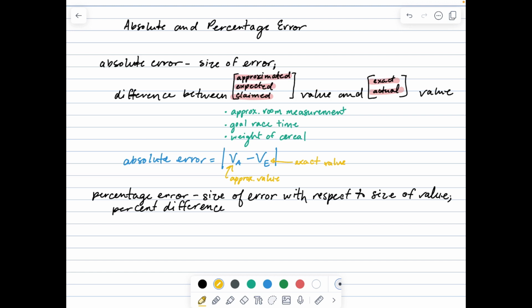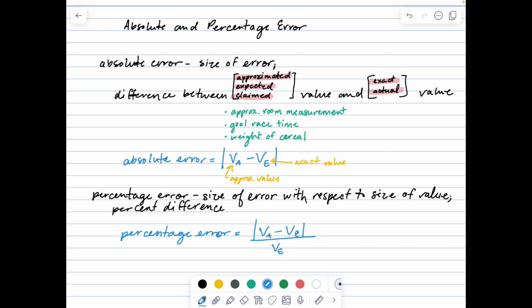And then the second kind of error we're interested in is percentage error. That's just the size of the error, but with respect to the size of the actual value. It's percent difference. The percentage error formula is the same thing, the absolute value of the approximate value minus the exact value, divided by the exact value.